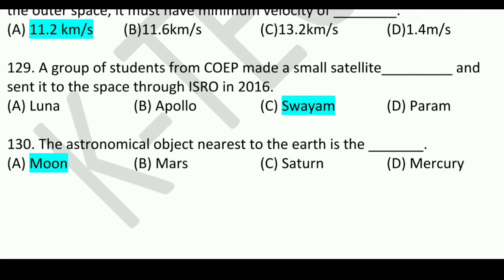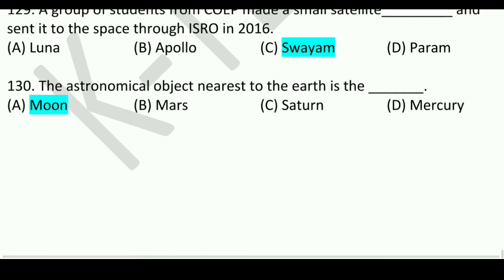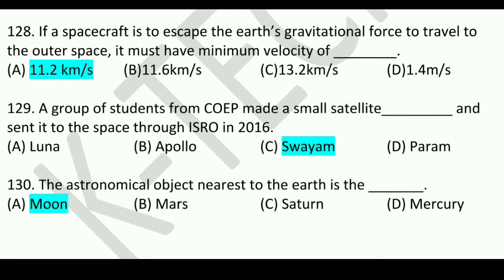A group of students from COEP made a small satellite, dash, and sent it to the space through ISRO in 2016. It is Swayam. The astronomical object nearest to the Earth is dash. Answer is moon.